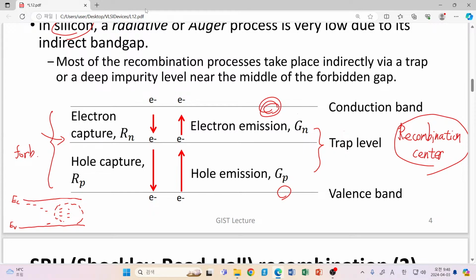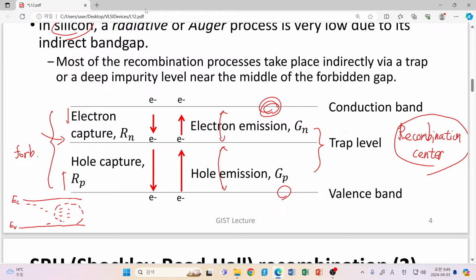For these states, it can interact with the conduction band. At the same time, it can interact with the valence band. So that's the reason for the name deep level state. What is deep? Here, deep means that the distance from the conduction band is quite high, and the distance from the valence band is also quite high. In this case, we call it a deep state.